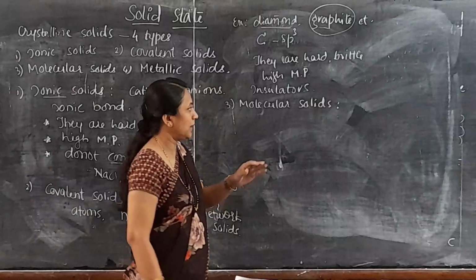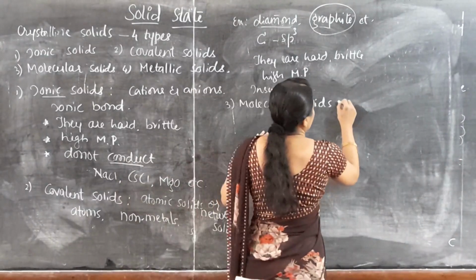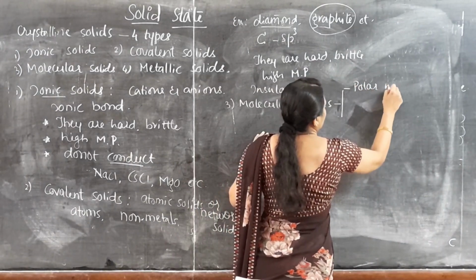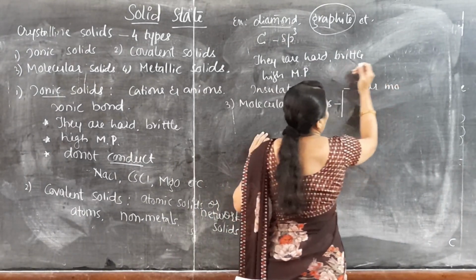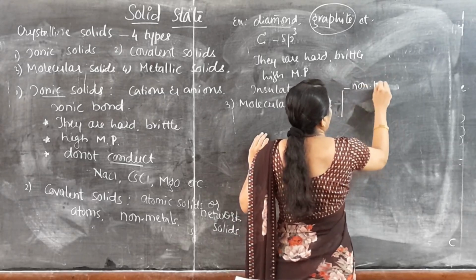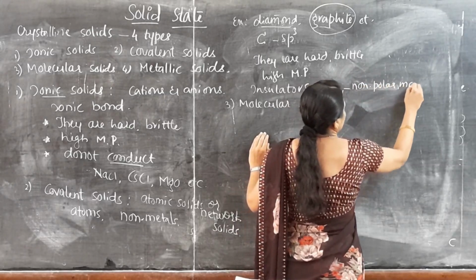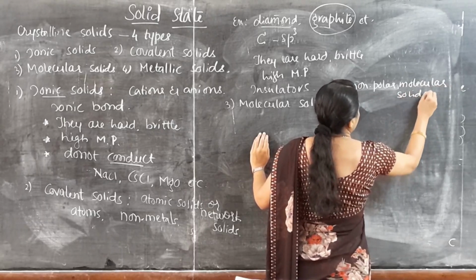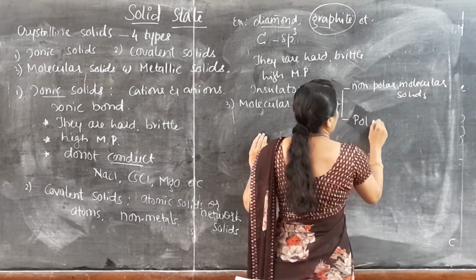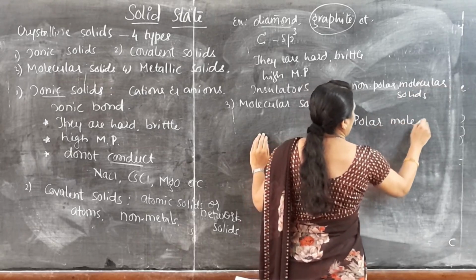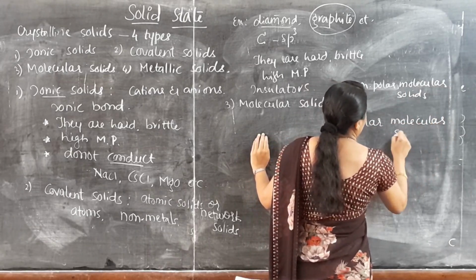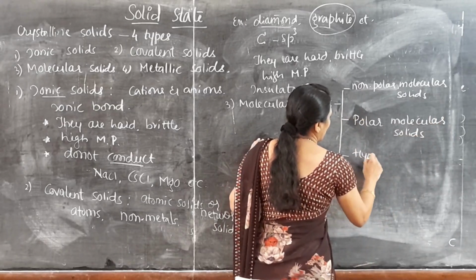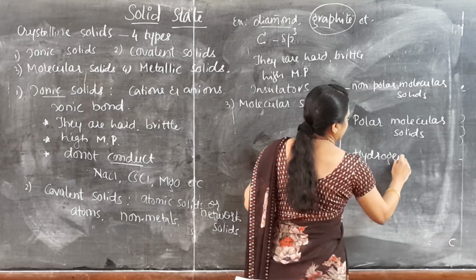Then the third one is molecular solids. Again, there are 3 types: non-polar molecular solids, polar molecular solids, and hydrogen bonded molecular solids.